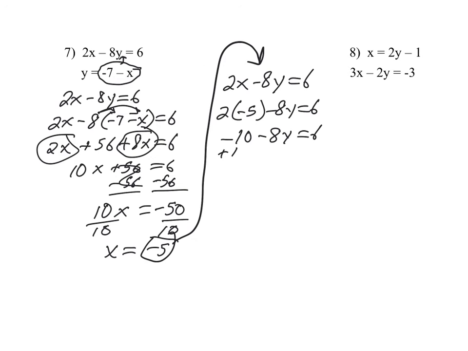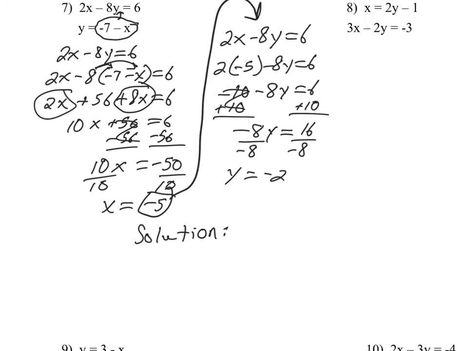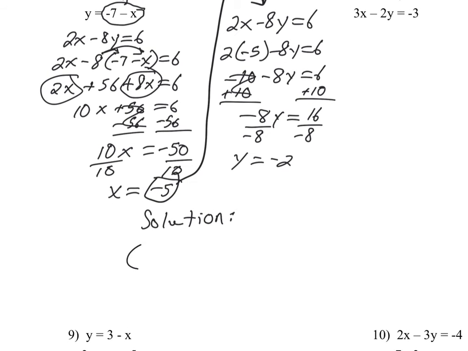Add 10 to both sides. That zeroes out. I get negative 8y is equal to 16. And divide both sides by negative 8. Make sure you divide by the negative. And I get y is equal to negative 2. So my solution, x is negative 5, y is negative 2.